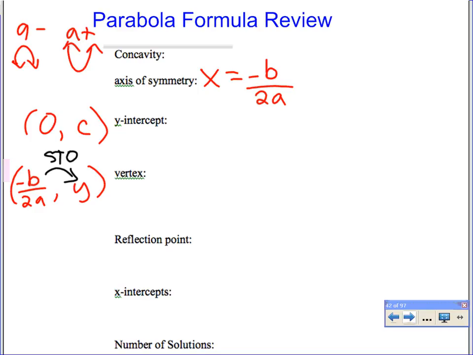To store something, you type the axis of symmetry in, hit stow X, and then you type in the original problem, and then you hit enter.